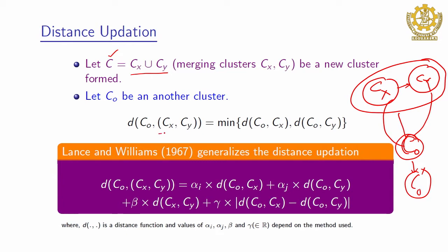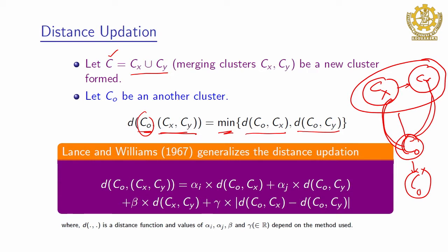This is the merging cluster and these are the other clusters. What will be the distance from C 0 to the merged cluster? In single linkage, what we did was take the minimum of the distance from C 0 to C x and the distance from C 0 to C y. That is single linkage.